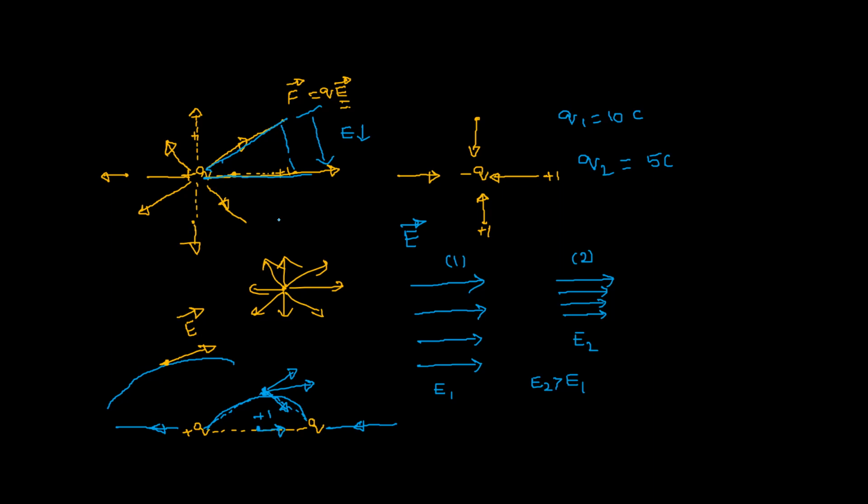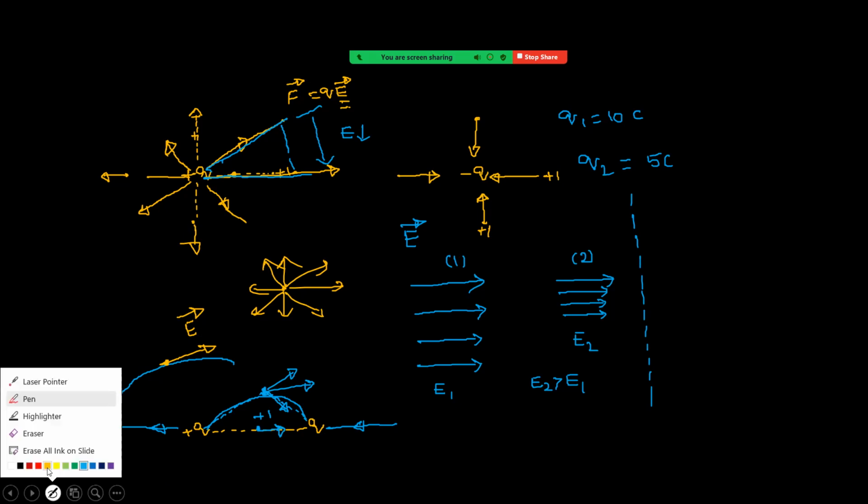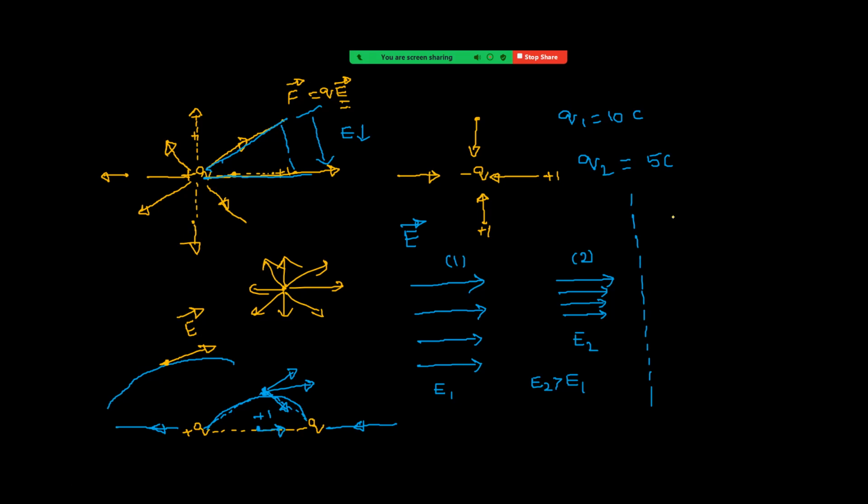Okay. The same point we can explain like this. See carefully: why electric field lines cannot be closed. We can explain using the property that the electric field is conservative.